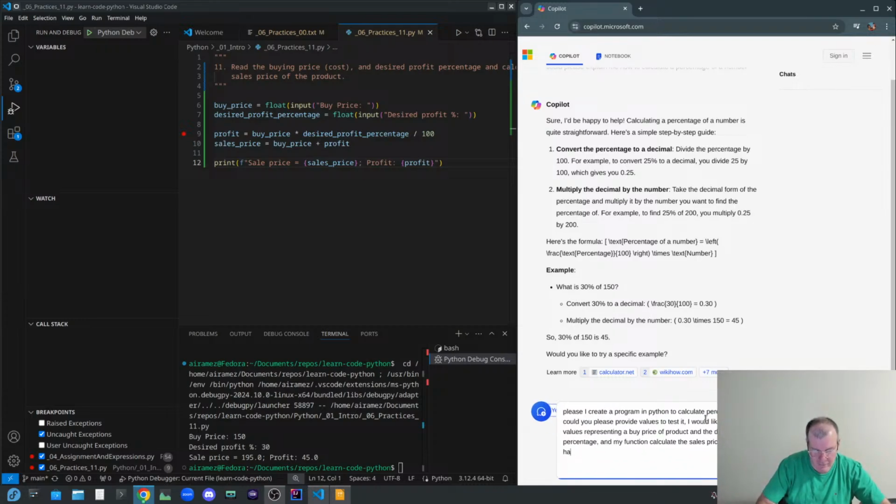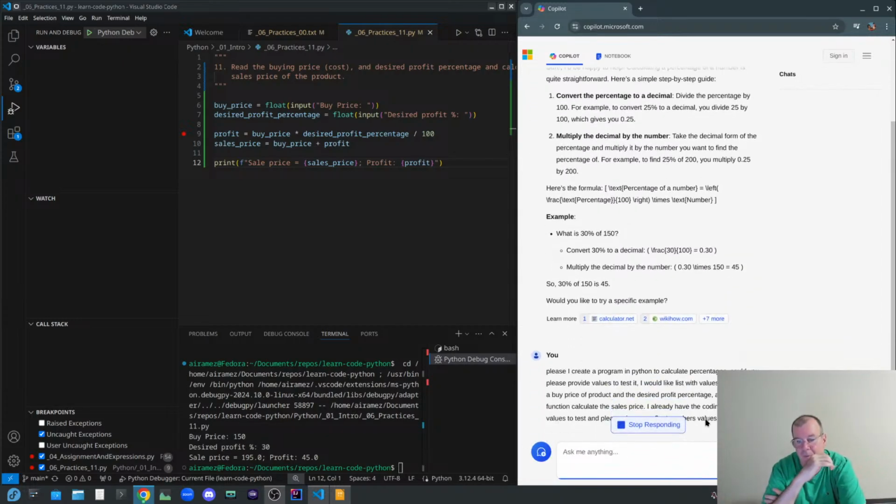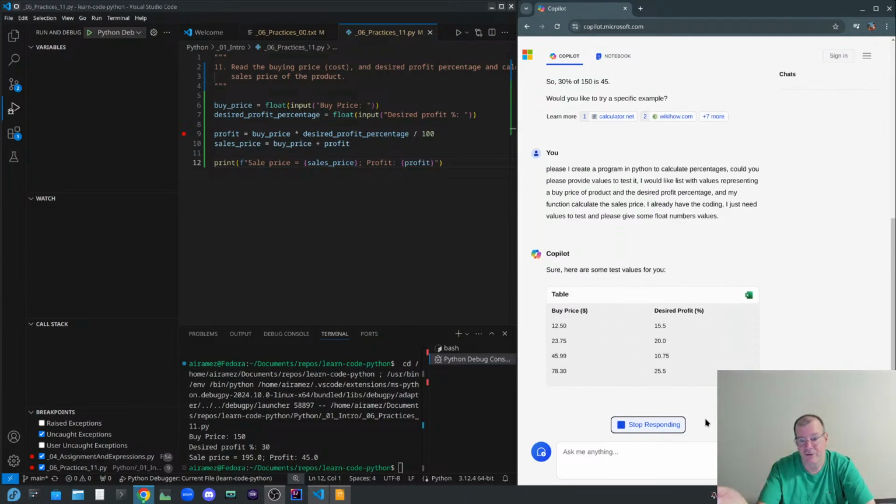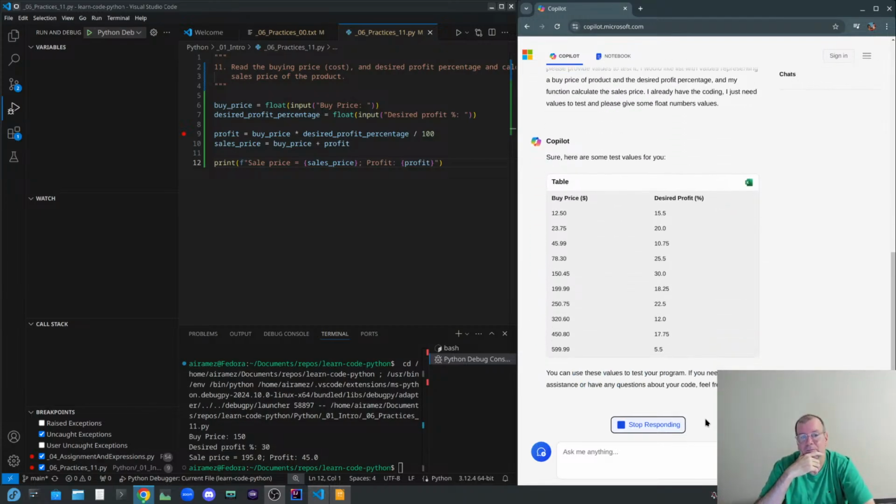I already have the coding. I just need values to test. And please give me some float number values. Let's see how it happens. This is how we can leverage AI to do some work for us.